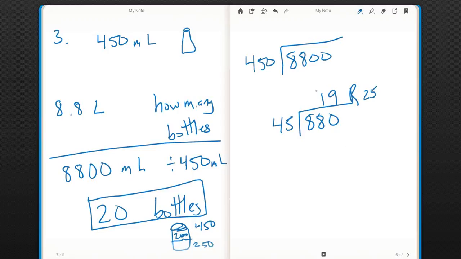And what I'd have to realize is that 19 bottles, but I have some left over, so that would mean 20 bottles. If I dropped the zeros, I'd get 19 with a remainder of 25. Either way, you have to realize that you've got to go up a bottle in order to hold all of the milk.